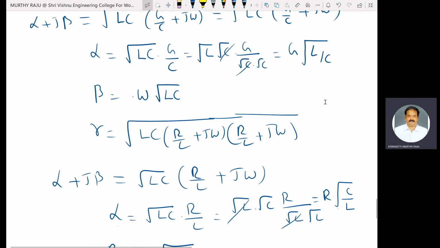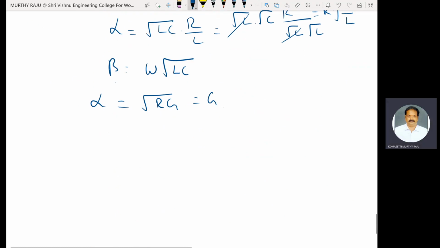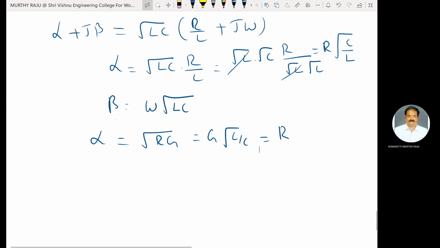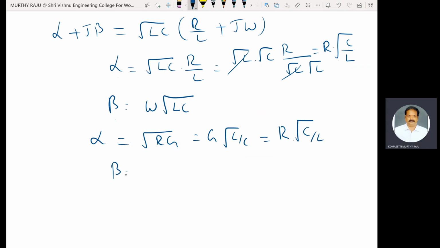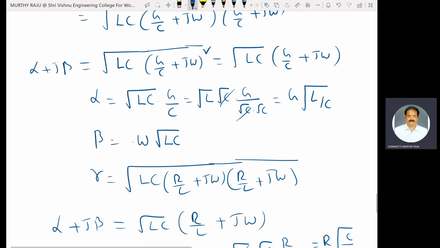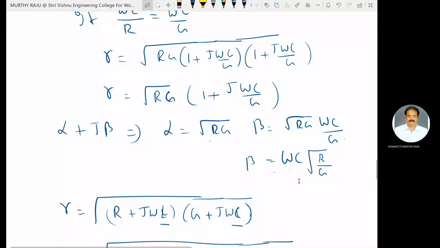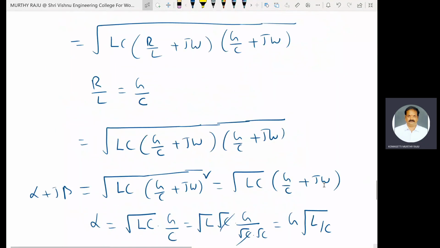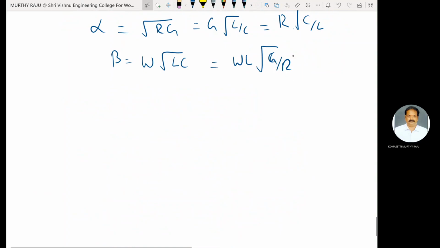Here alpha is equal to G into root L by C. One more expression is R into square root of C by L. Beta is equal to omega root LC, and also omega L root G by R. And one more important point is omega C into root R by G.